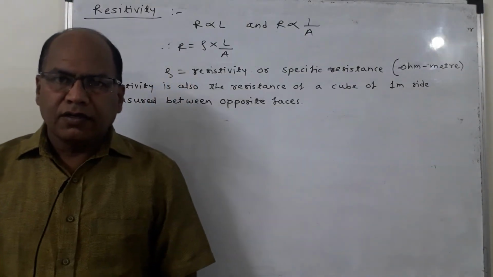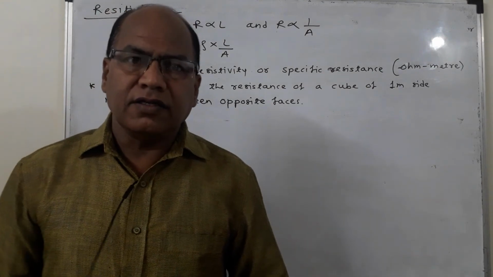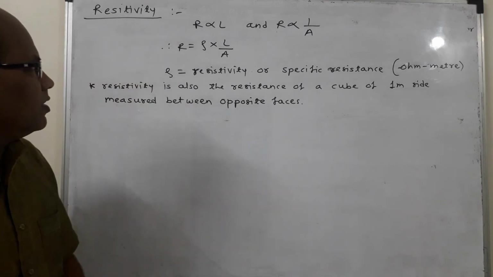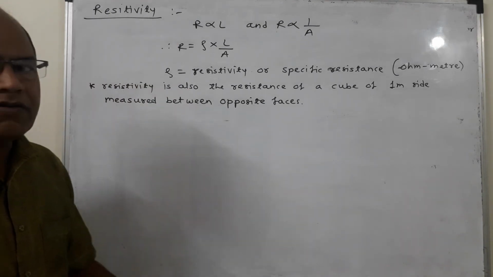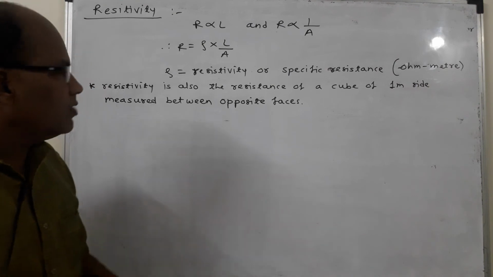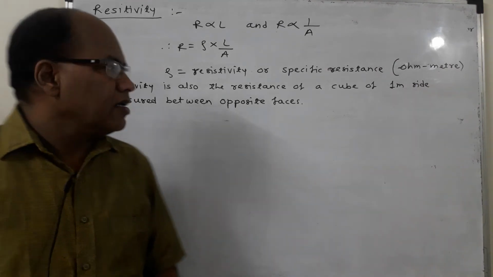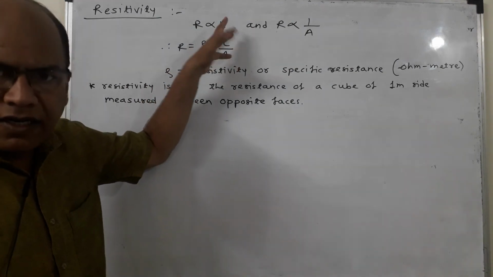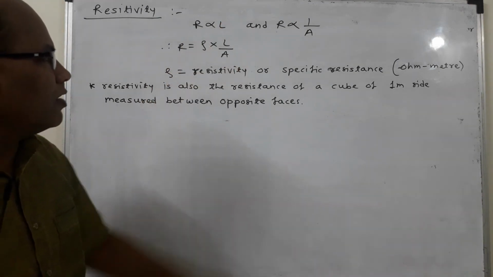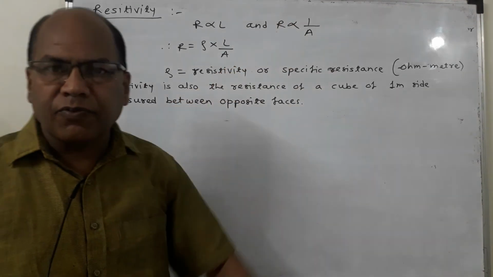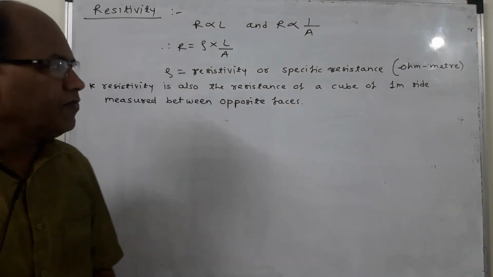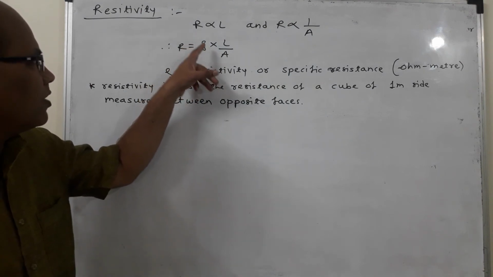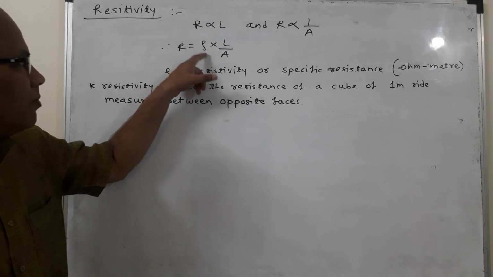One more term which I want to explain over here is resistivity. Now resistivity of the materials is the property of the material, and it is found that the resistance of materials is directly proportional to the length of the conductor, and inversely proportional to the cross sectional area, and as such resistance is given as rho into L divided by A, where the constant of proportionality is called resistivity and is denoted by rho.